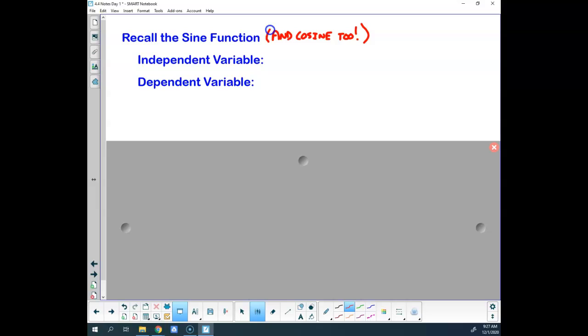They both have an independent variable that is the angle measured. It's what you put into that function. You put an angle into that function.